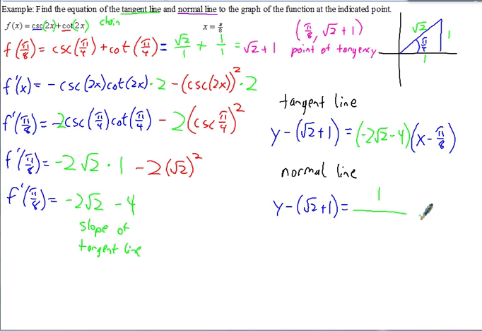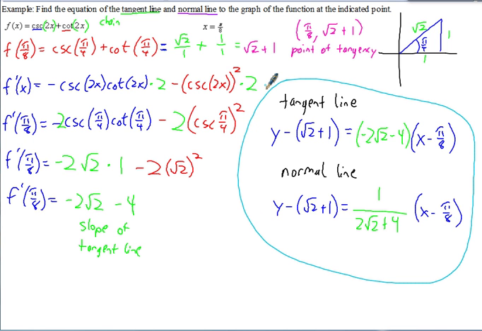Do 1 over this, and then to make it the opposite, you can either put the negative on the 1 here, but since these are both negative, it's probably easiest to just multiply those both by negative 1 to make them both positive. So now it's the opposite reciprocal, and then times x minus pi over 8. So there's our tangent and normal line, and that concludes the notes for AP Calculus on the topic of derivatives of trig functions.